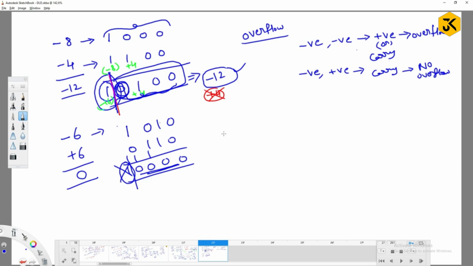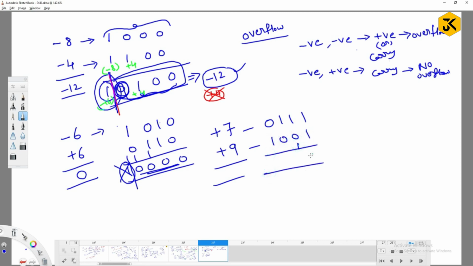Try to take one more example. For example, I am trying to take two numbers, plus 7 and plus 9. What is plus 7 in 2's complement? 0111, okay, and plus 9 is 1001.